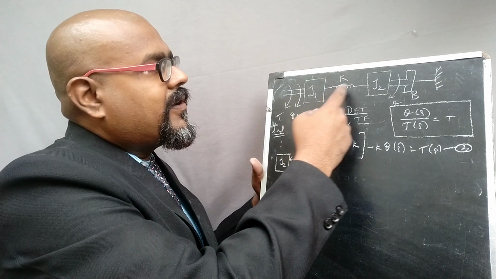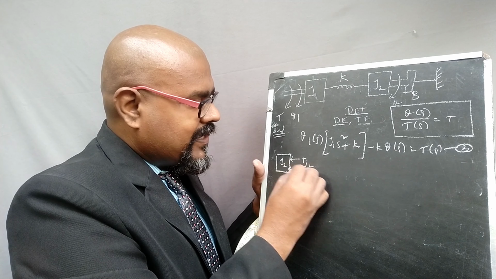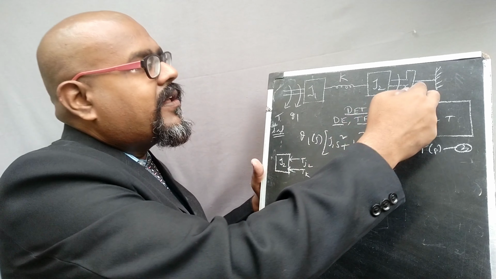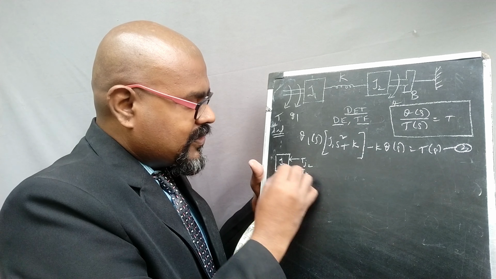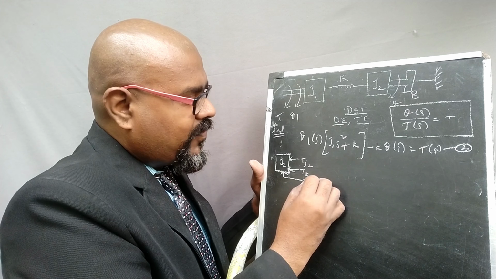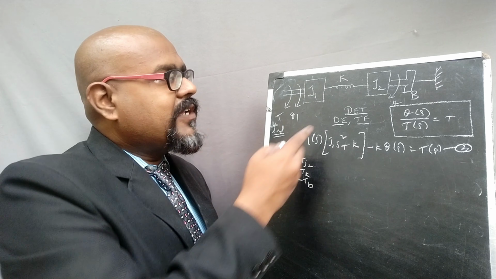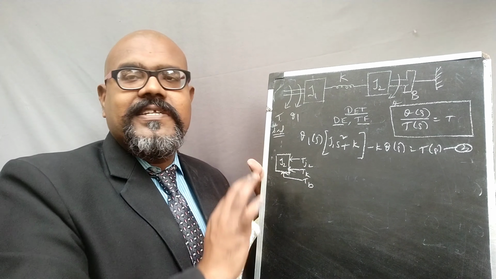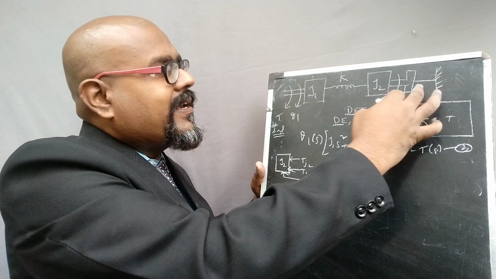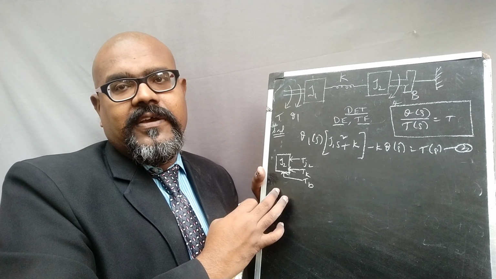Then K has an opposing torque, TK, and on the right-hand side we have the B also, don't forget. This is also an opposing torque, TB. There is no applied torque, so just leave it. Only three things oppose this J2.